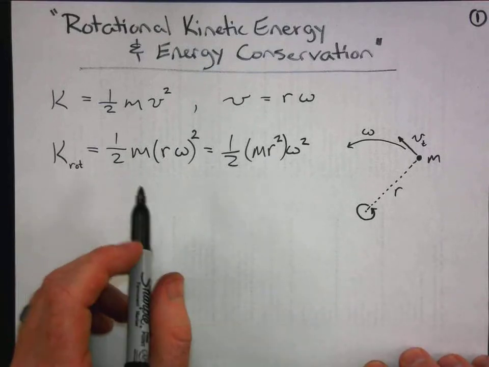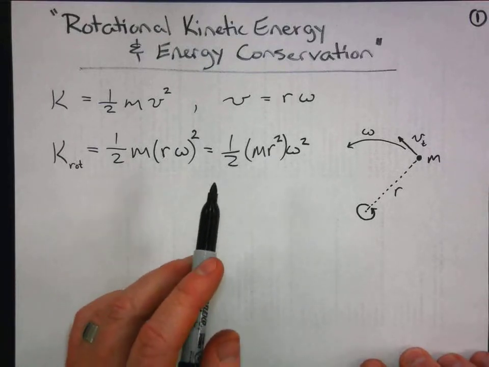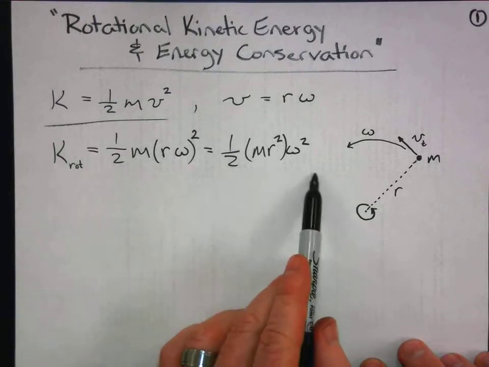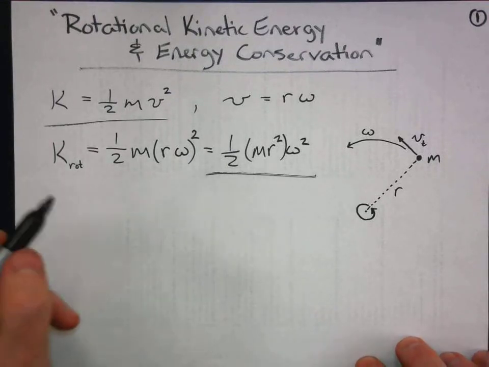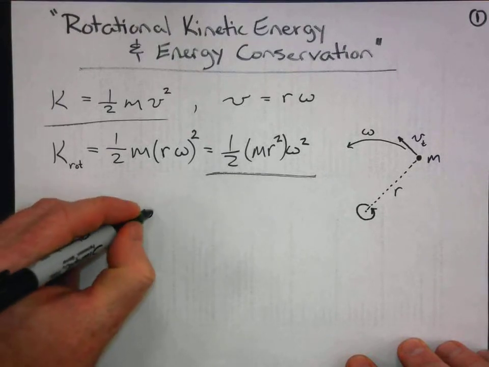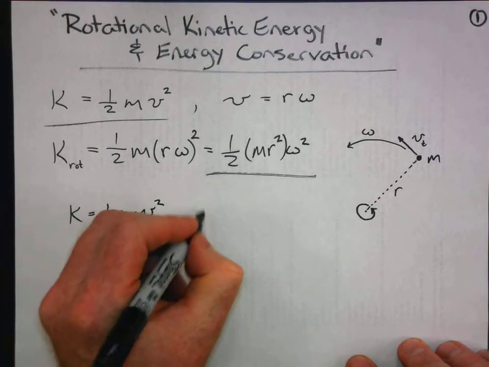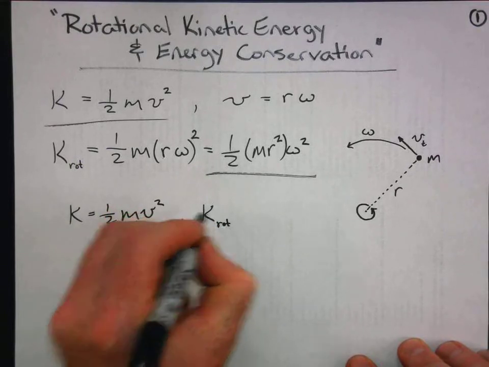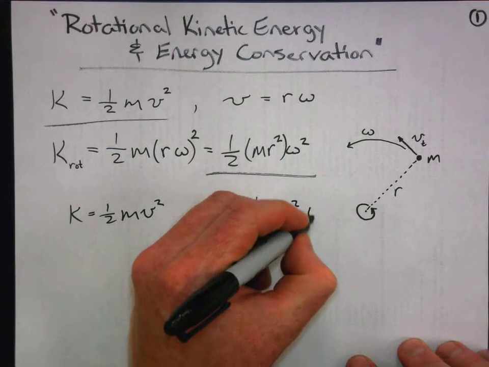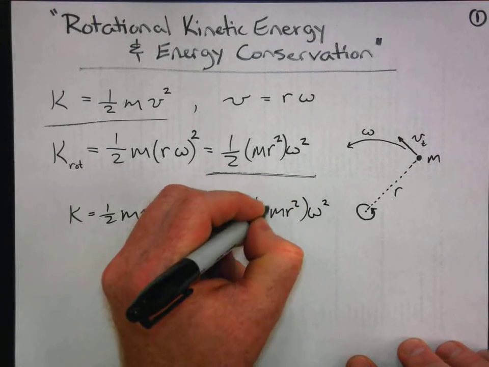And we can look at this and we can say that we have two equations. Here's an equation for linear, and here's an equation for rotational kinetic energy, and they are quite similar. If I write them next to each other, there's one, r squared and omega squared, and there's the other.